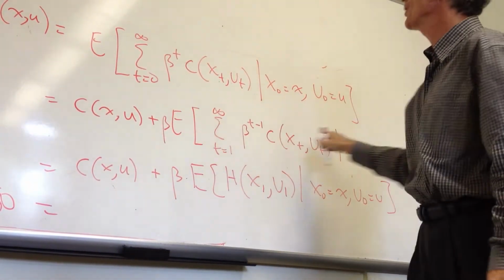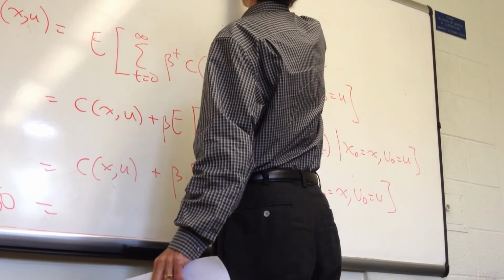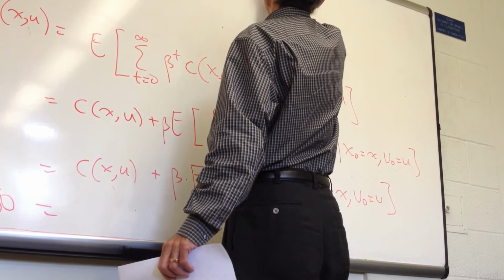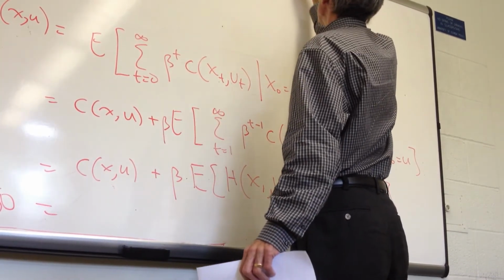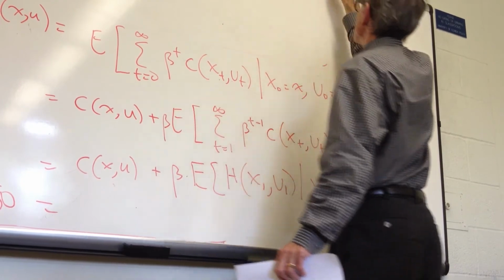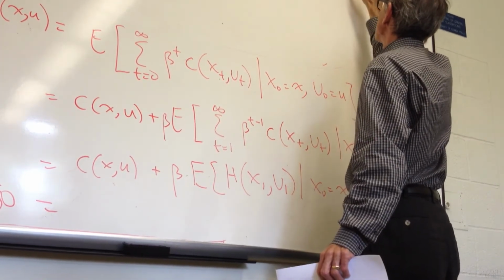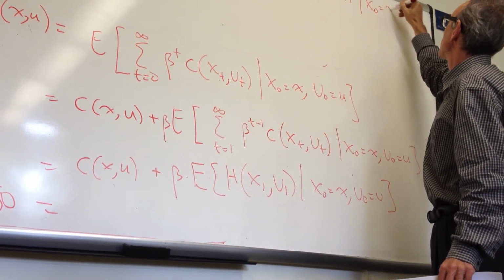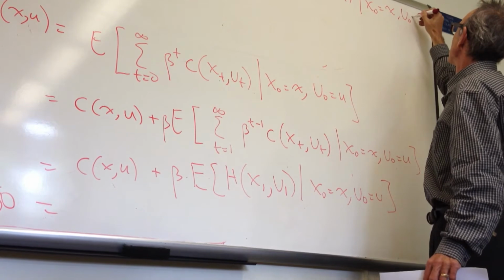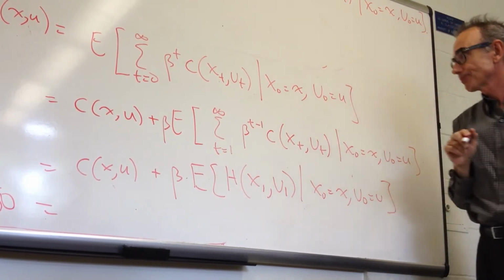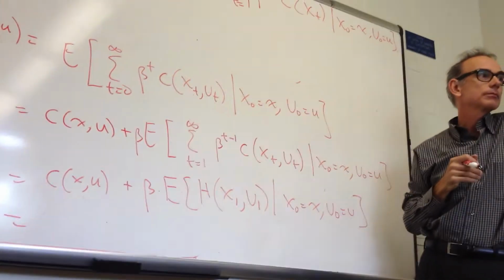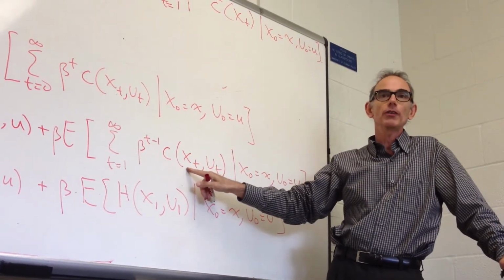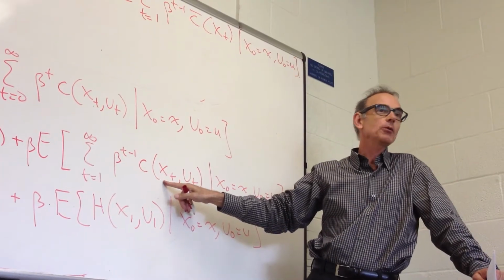I'm just going to rewrite this whole thing again, for the exact same reasons. That U is just a randomized function of X. You believed me before, why not believe me now?